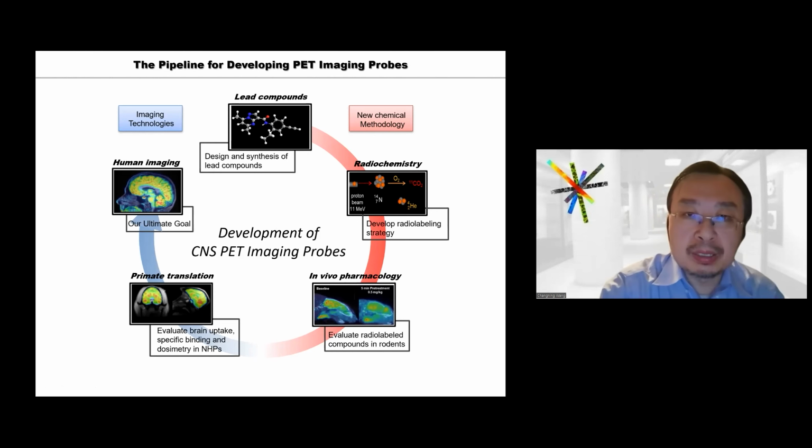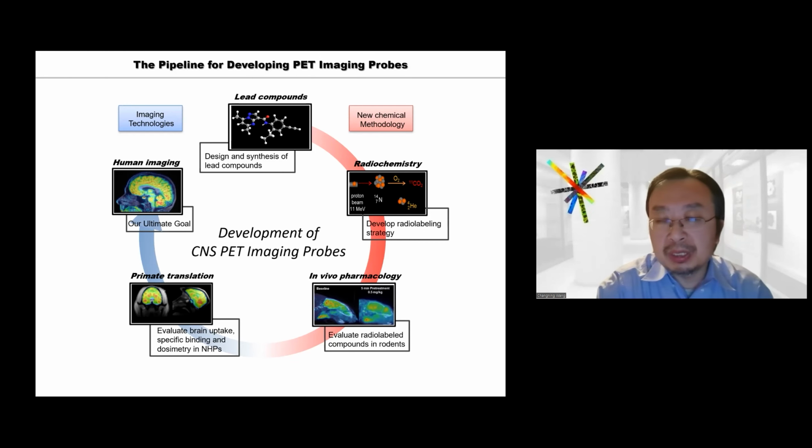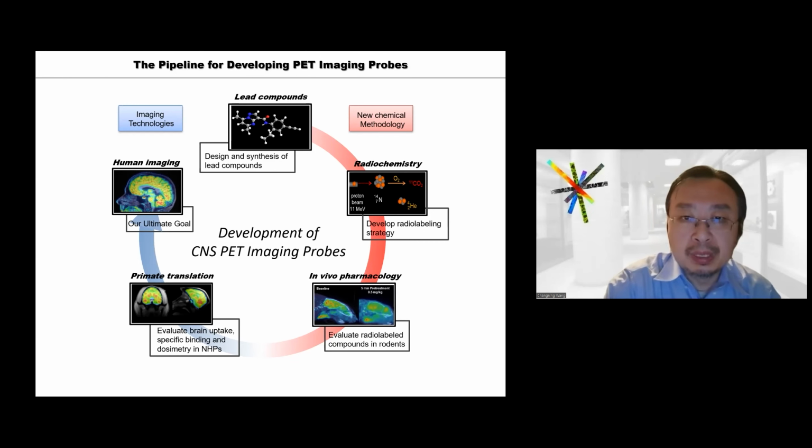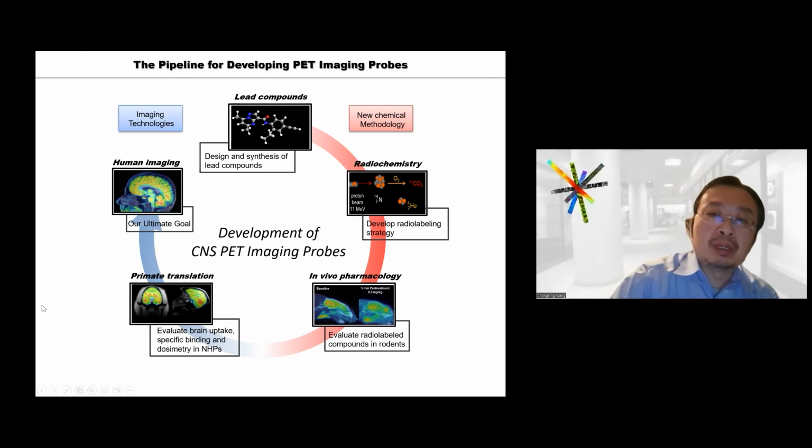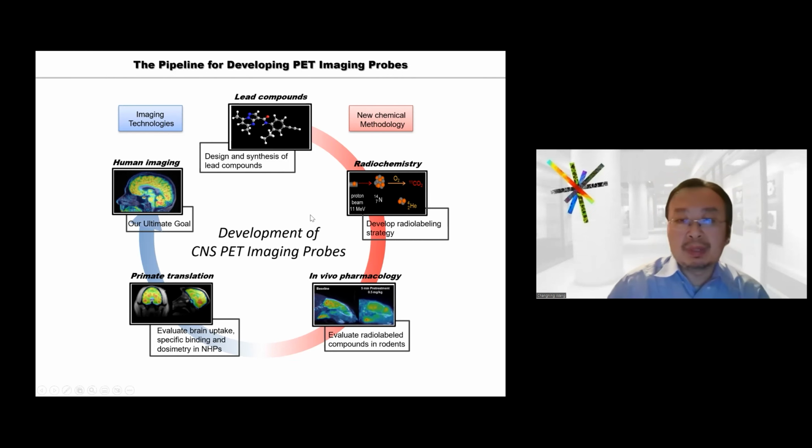The lead compound can come from screening or from known publications, either research articles or patents. We need to find a lead chemical scaffold which can be labeled with radioisotopes. Most of the time for brain imaging, we use C11 or F18. So we need to develop the radiolabeling strategy based on these lead compounds.